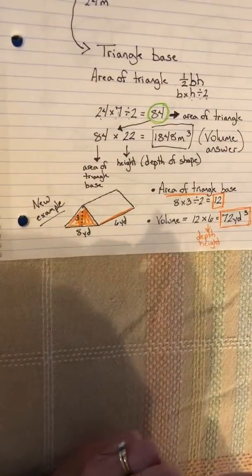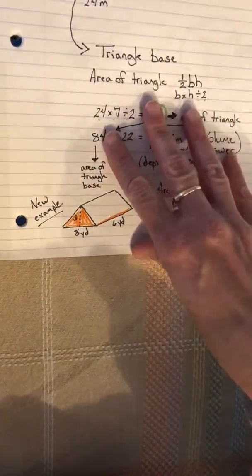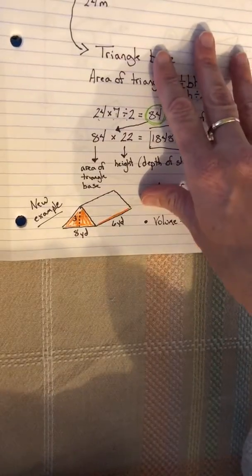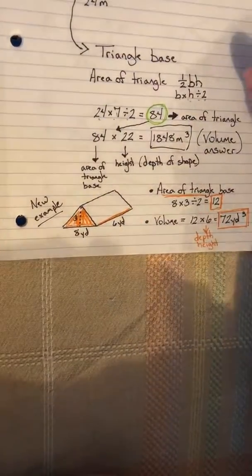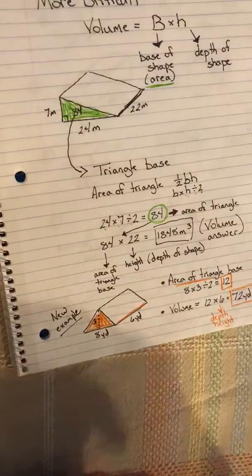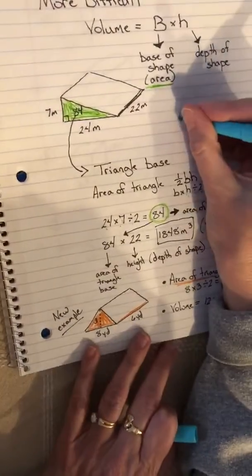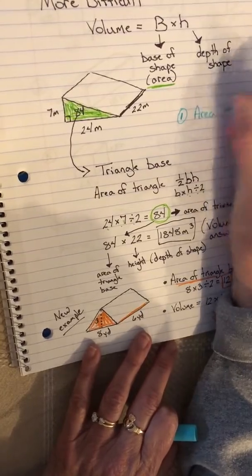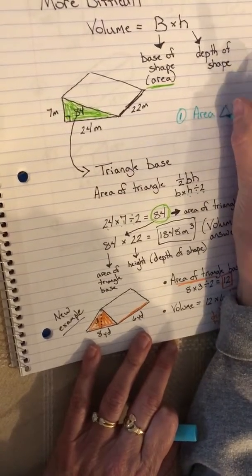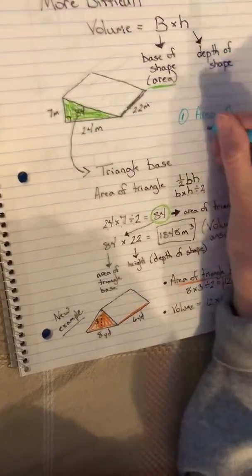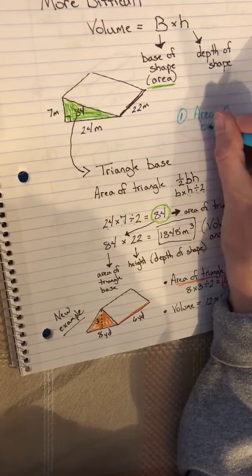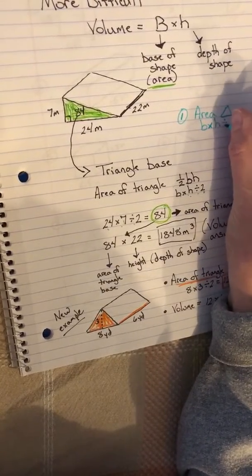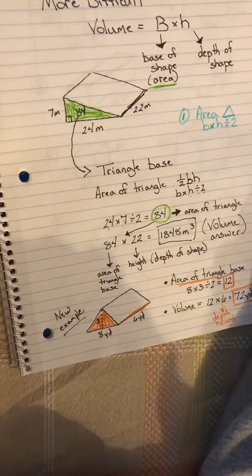So 7th grade, you are going to have a couple of these triangular prism problems. Let me go over the steps again. Step 1, you want to figure out the area of the triangular shape, which is base times height divided by 2.